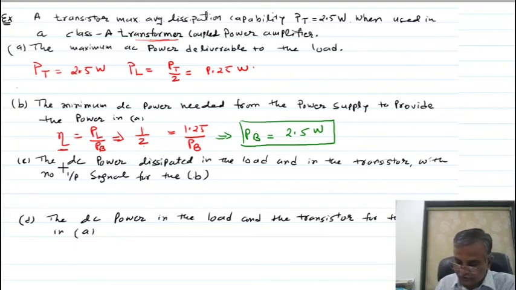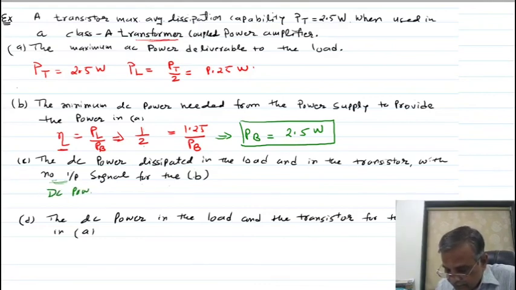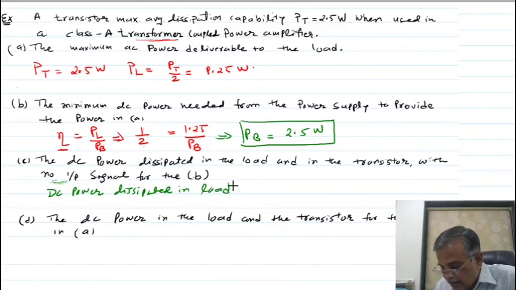Now, when the input signal is not applied, we look at the DC power dissipated in the load and in the transistor. You are talking about the transformer coupled amplifier, in which we have taken the primary resistance of the transformer as 0. As a result, the DC power dissipated in load is ideally 0 watt.